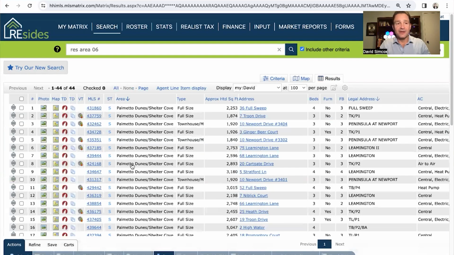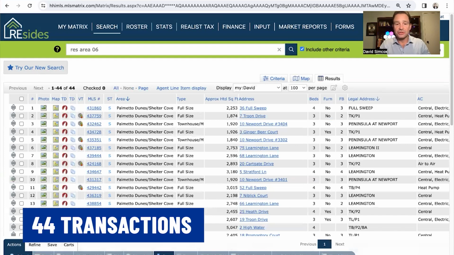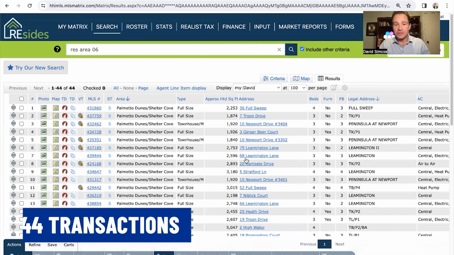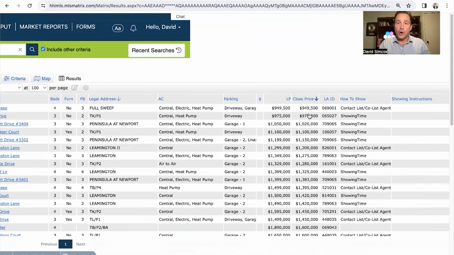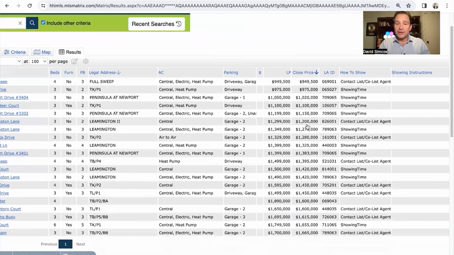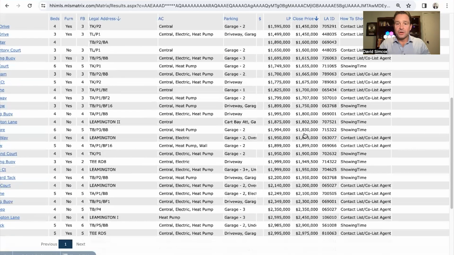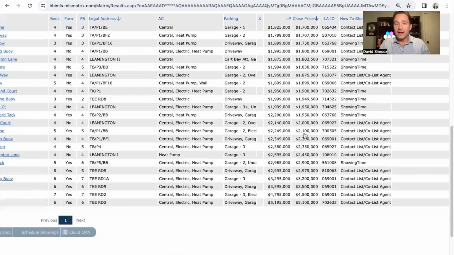Looks like we have 44 transactions over the past year, which is quite a few. And looks like there were 2 homes that were available under $1 million. And then quite a few in the $1 million to $2 million range, and then another chunk from the $2 million to $3 million range, and then a few in the $3 million, and then 2 deals in the $4 million range and $5 million range.